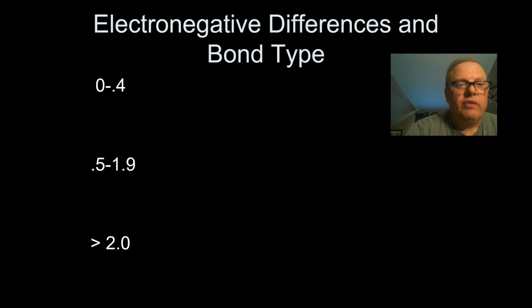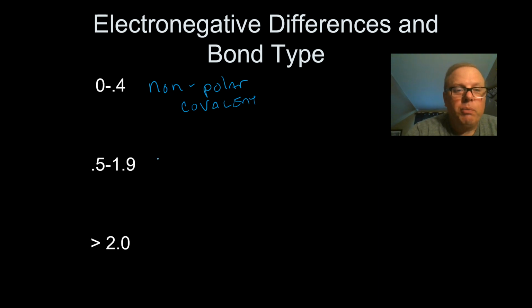What does this mean? Electronegative differences in bond types. If the electronegative difference is 0 to 0.4, it is nonpolar covalent, much like the example I made. Have this in your notes, and I usually have you write it on the back of your periodic table, so have it available. If it's 0.5 to 1.9, then it is a polar covalent bond.